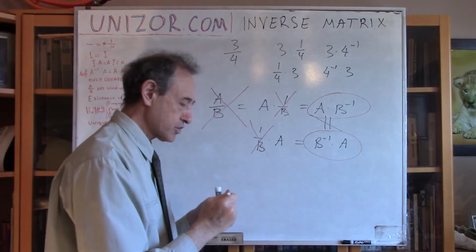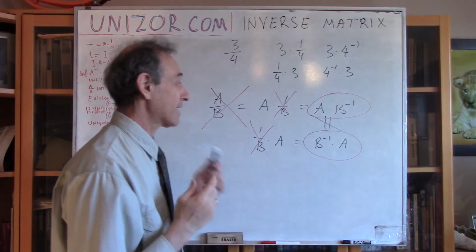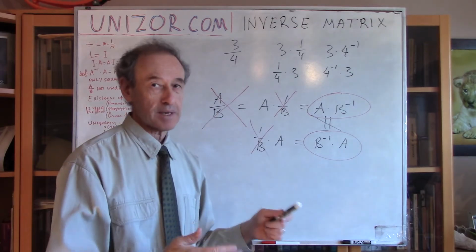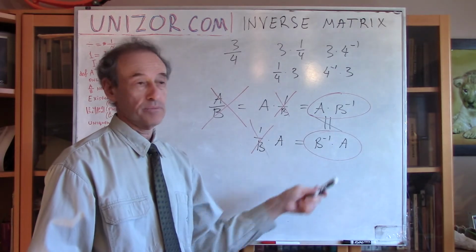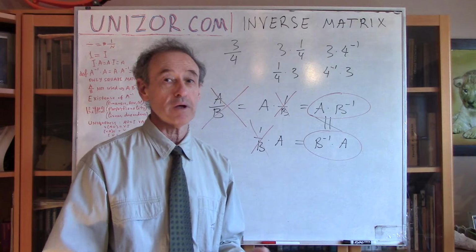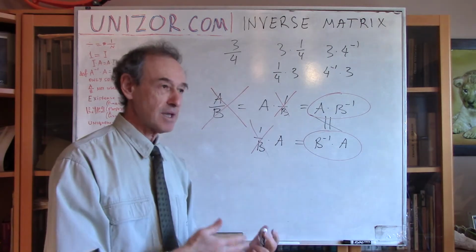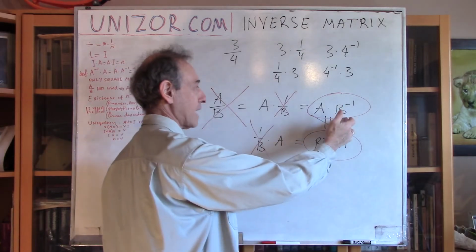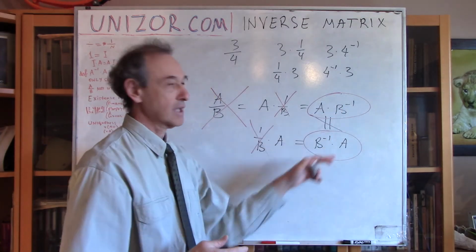So whenever we want to talk about division, we actually should explicitly specify which division we really mean, this or this. In which case, it doesn't really make any sense to talk about division altogether, because it's just a multiplication. What does make sense is to talk about inverse matrix, which is B to the minus 1, and the multiplication.